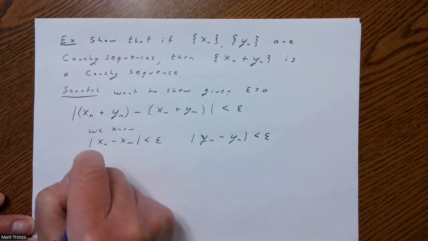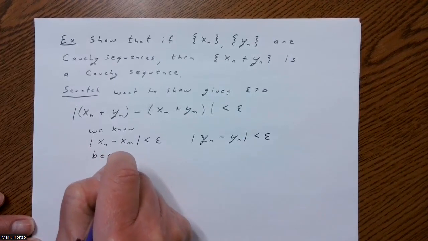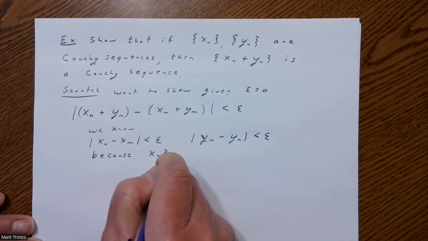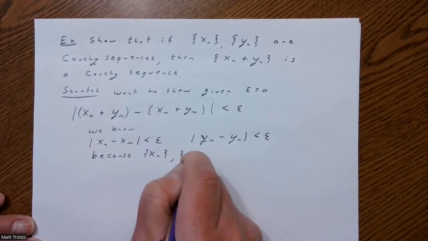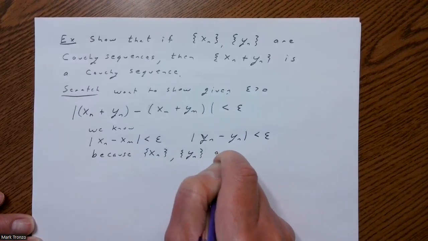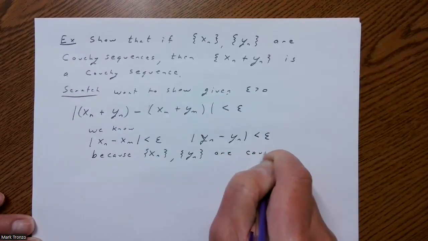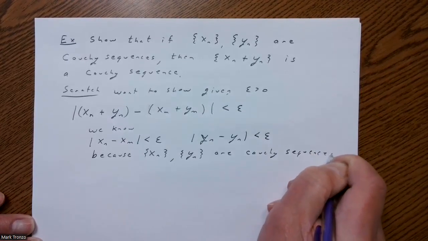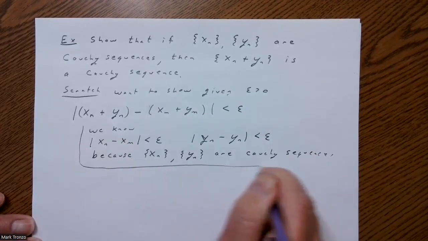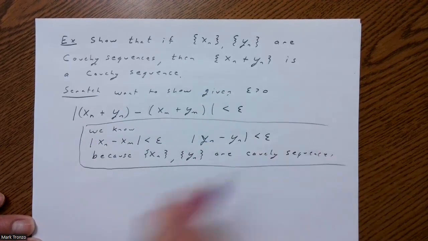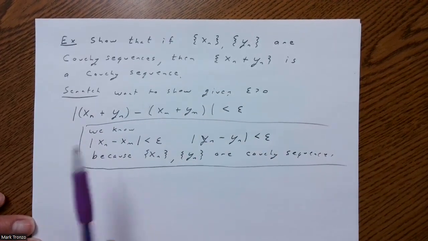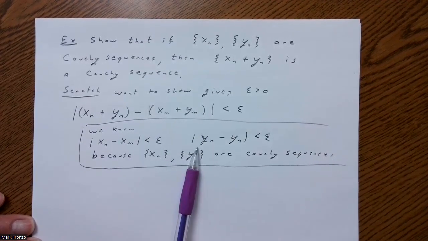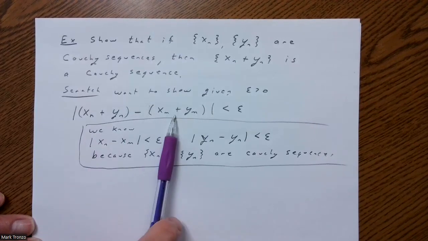We know this because xn and yn are Cauchy sequences. I'm just going to put this on the side to keep in the back of your mind. What we'd like to do is use this stuff that we know and work it into here.